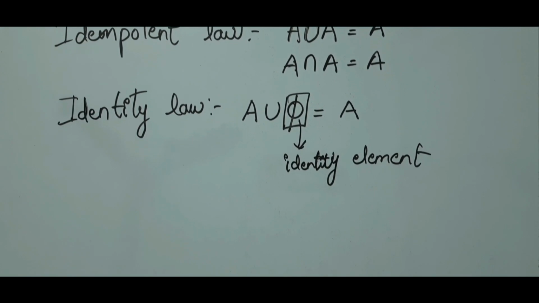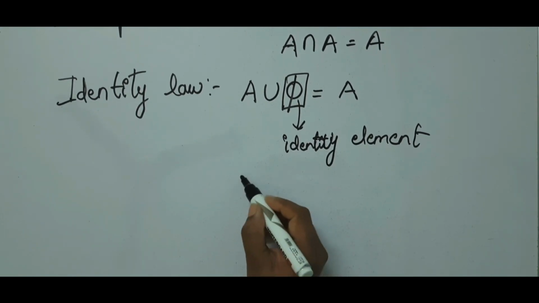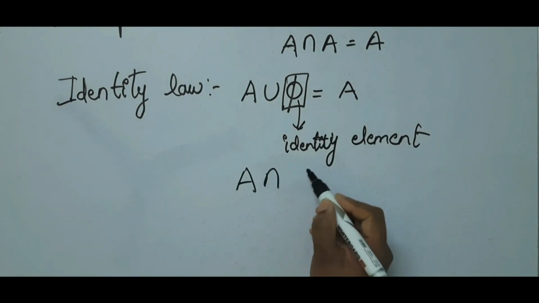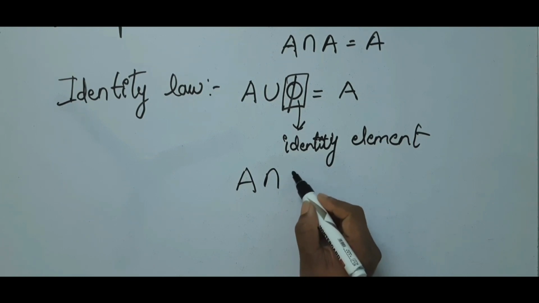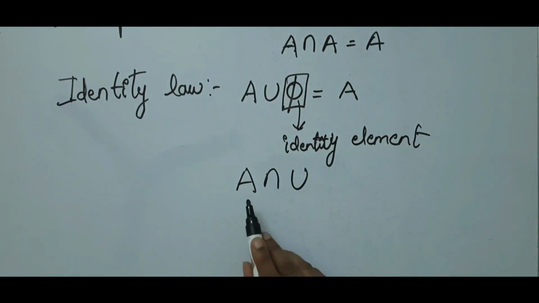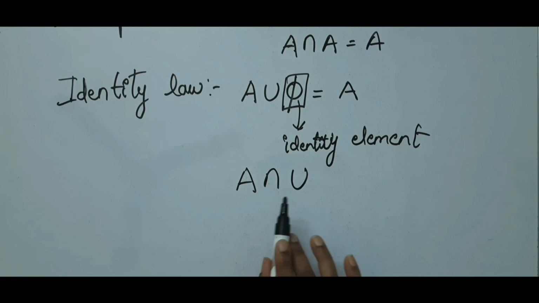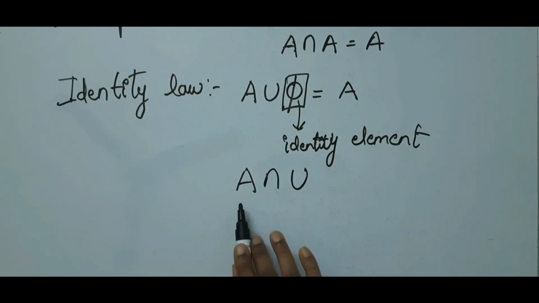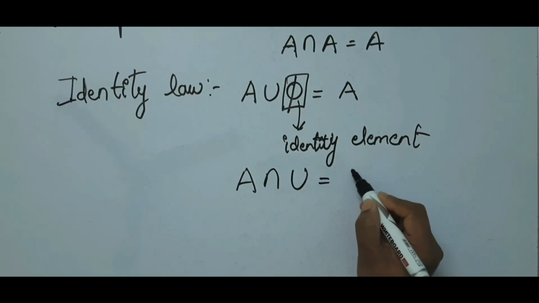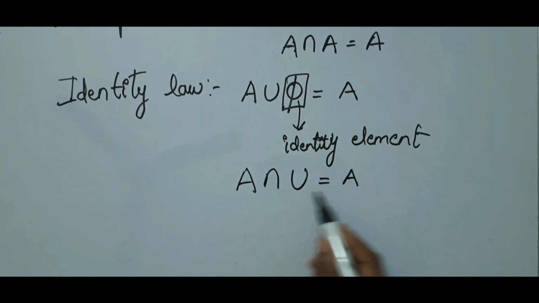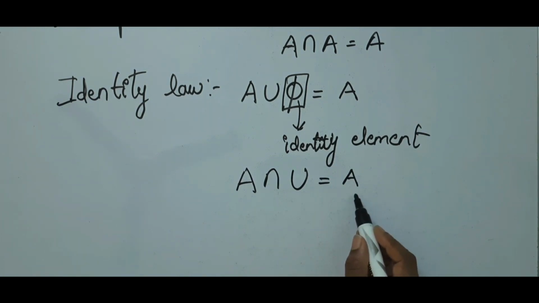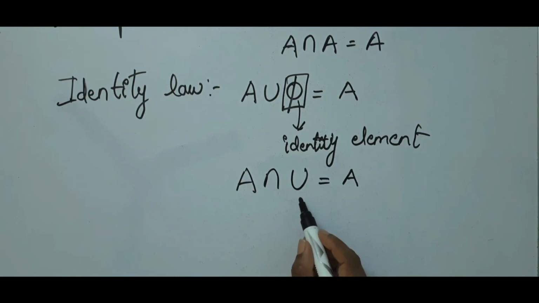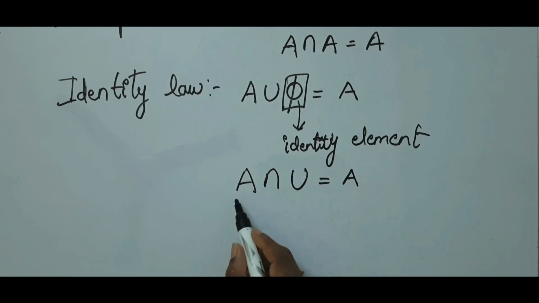Okay, in case of intersection, A intersection the universal set, the intersection of the universal set with any set will be the same set. Okay, so it will be again A. Because the universal set always contains the elements which are in the other sets, is it not?